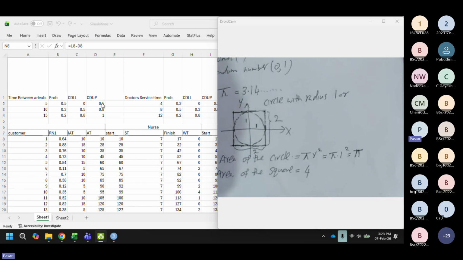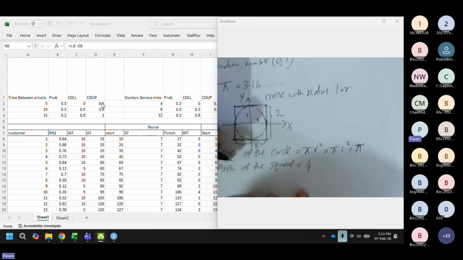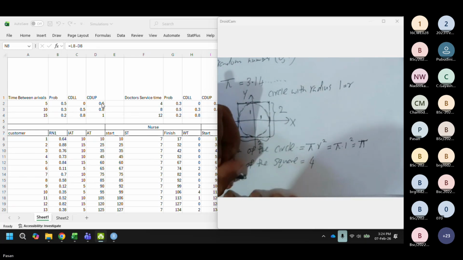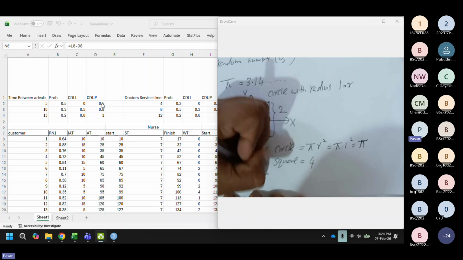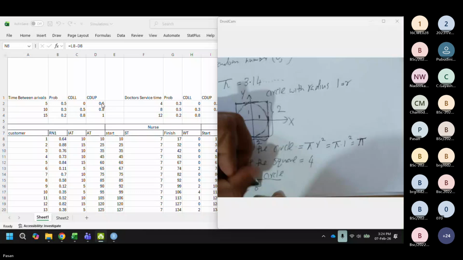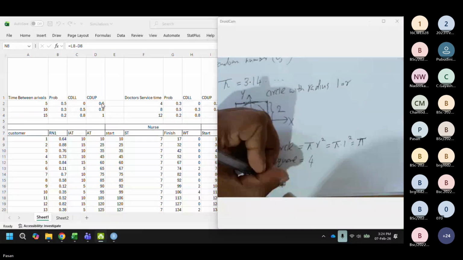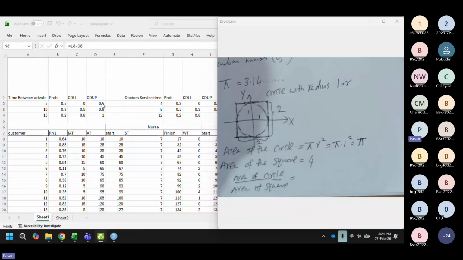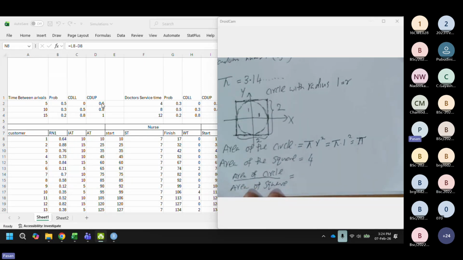Then if you take the area of the square, and then the area of the circle, and if you take the ratio, area of the circle divided by area of square, what will I get?